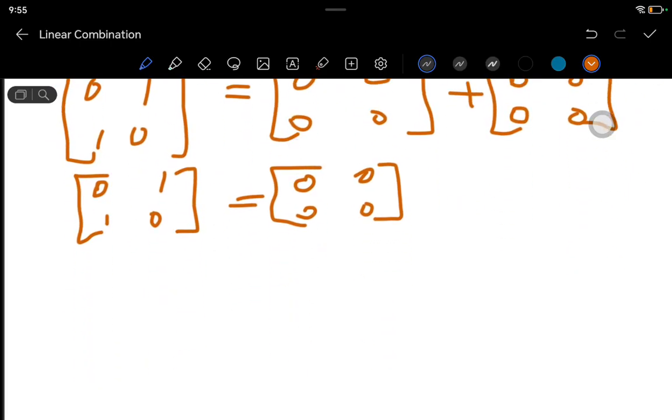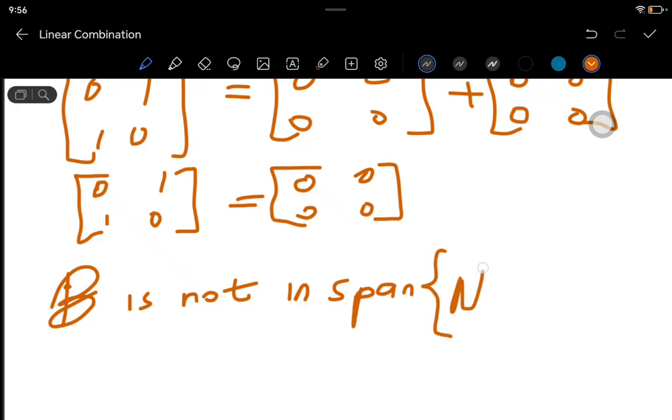So when we check here, we realize that the two sides are not equal. Since the two sides are not equal, we can conclude that B is not in span M1, M2. You see right now? Then we can conclude with that.